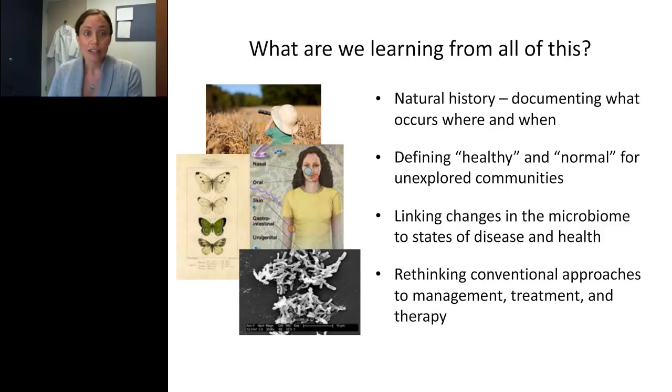Very interestingly, and certainly of importance to my own field, defining or linking changes in microbiome to states of disease and health. And as we think toward the future, rethinking conventional approaches to management, therapy, diagnostics, and treatment.